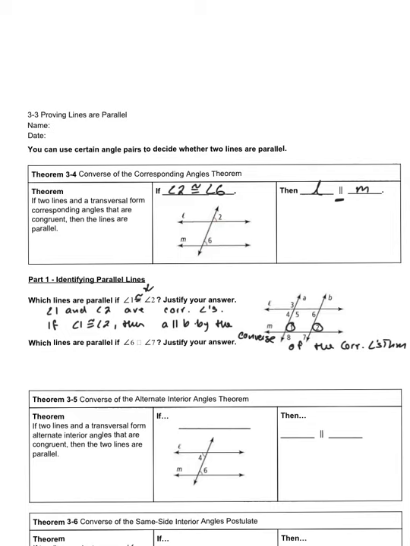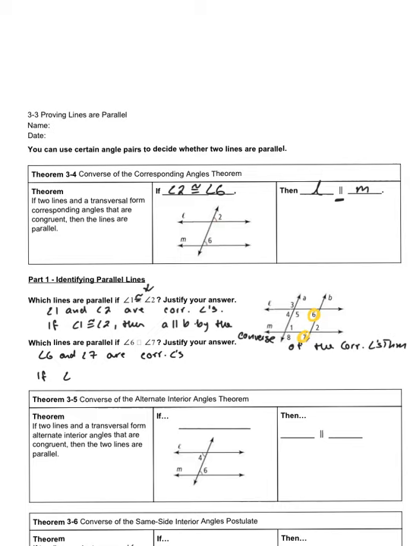Now let's look at the second question. It says which lines are parallel if angle 6 and angle 7, so here we have angle 6 and angle 7. So angle 6 and angle 7 are corresponding angles.